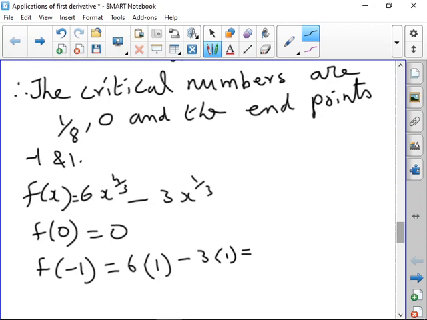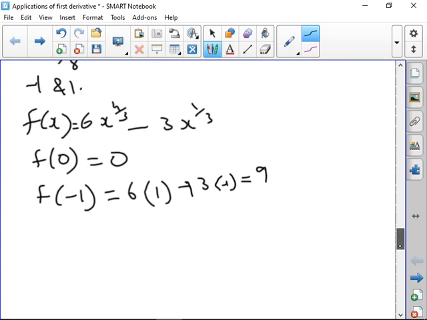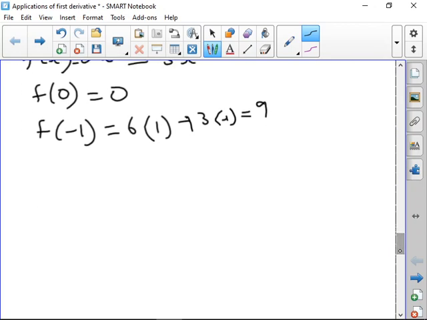It is cube root of minus 1, so we get minus 1.